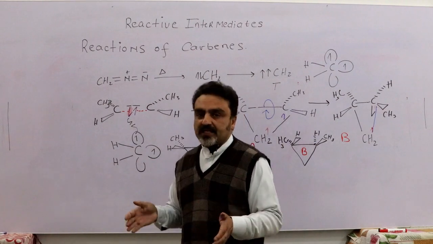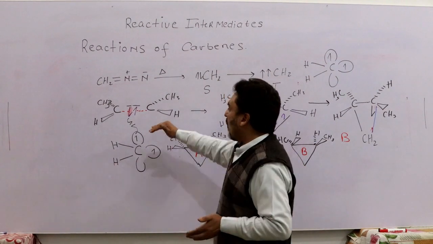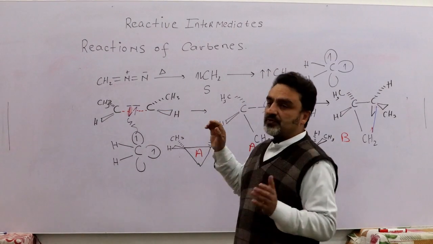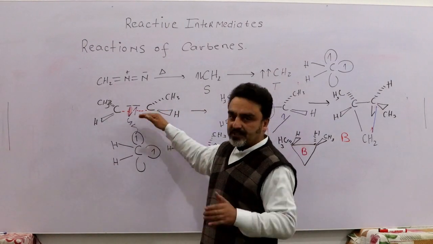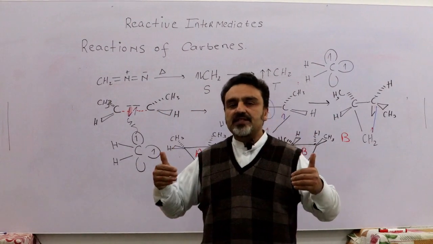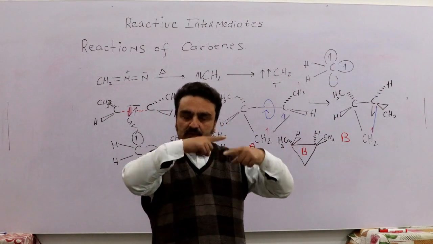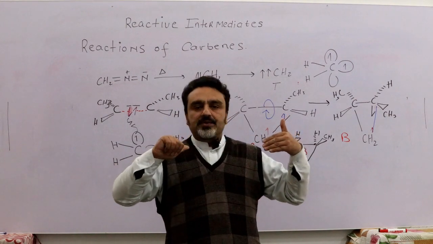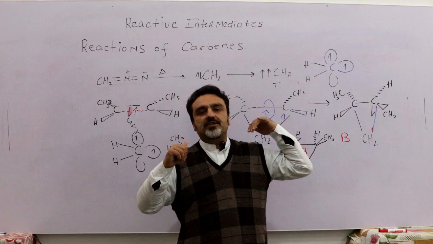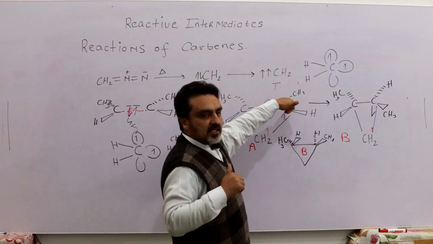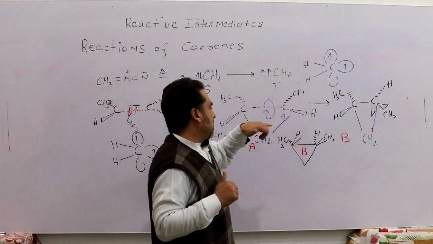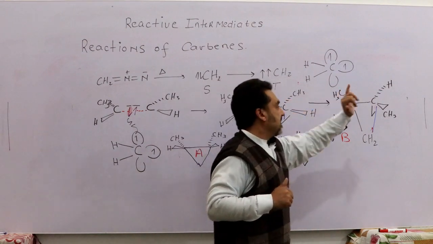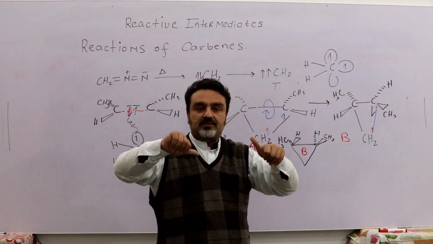So the triplet carbene reacts in a stepwise fashion. As it breaks the double bond, it gives the molecule time to freely rotate. It will keep rotating till the spin flips, and no one knows whether the molecule will be in this stereochemistry or in that stereochemistry when the spin flip occurs.